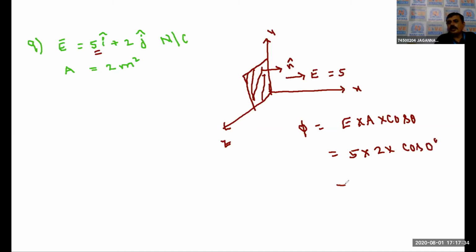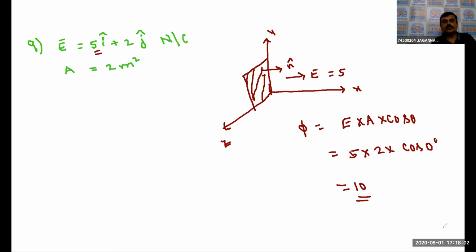So how much do you get here? 10. This is the answer, 10. Understand? In SI unit he told, so you need not write any units. Simple, you give the numerical only. Options 10, 20, 10 root 2, 2 root 29 are given. So the option is 10. Okay, next question, students.